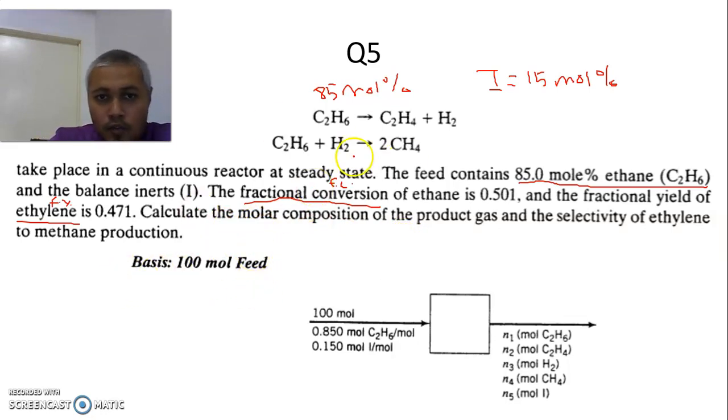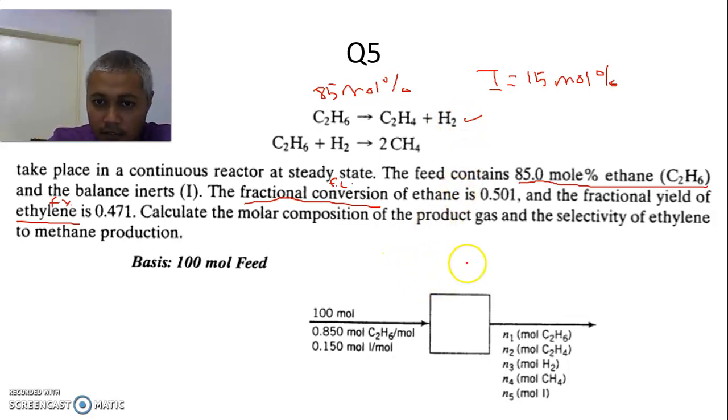So if we assume a 100 mole feed basis, we will have 100 mole as the feed, and then the composition is 0.85 mole C2H6 per mole and 0.15 mole inert per mole. So this is the first reaction, which is this one.